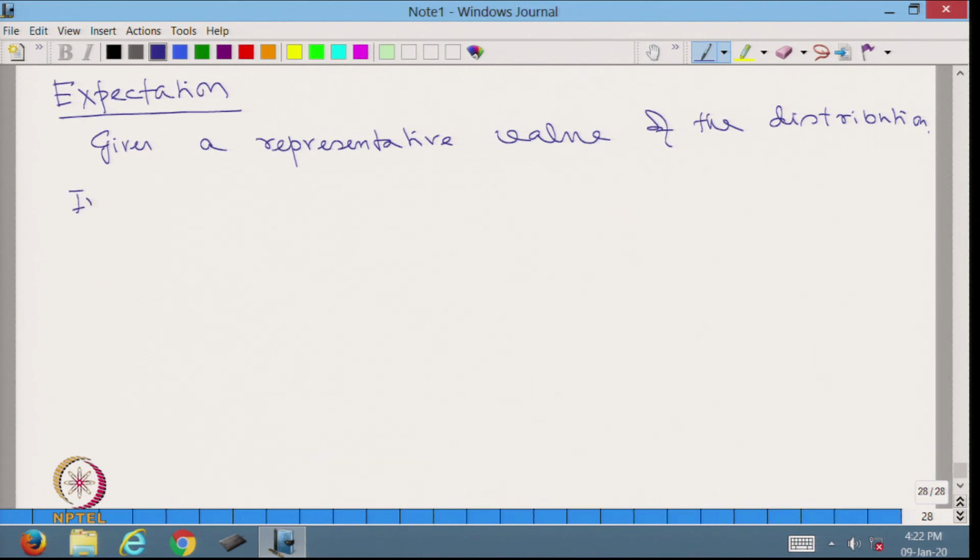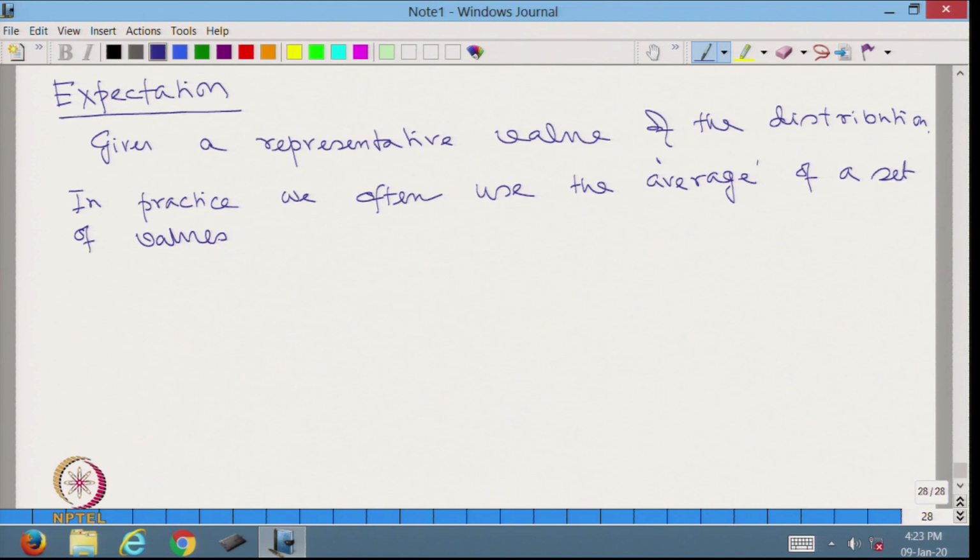In practice, we often use the average of a set of values to represent its representative value.